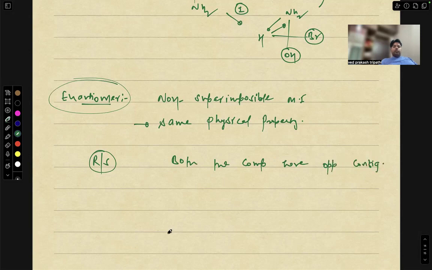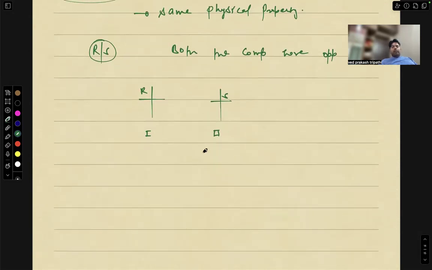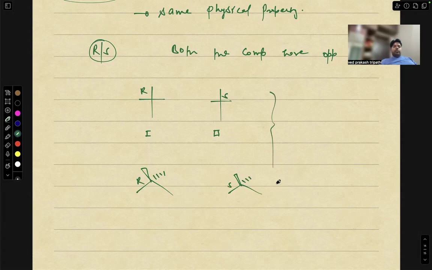Opposite configuration means if one is R, the other should be S. So 1 and 2 are enantiomers. And we can do the same thing in wedge and dash as well. Okay. So if this is my R, then it should be my S. So they are enantiomers.